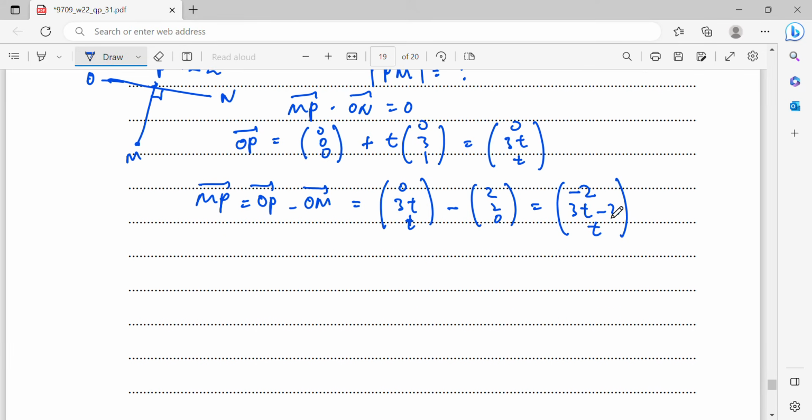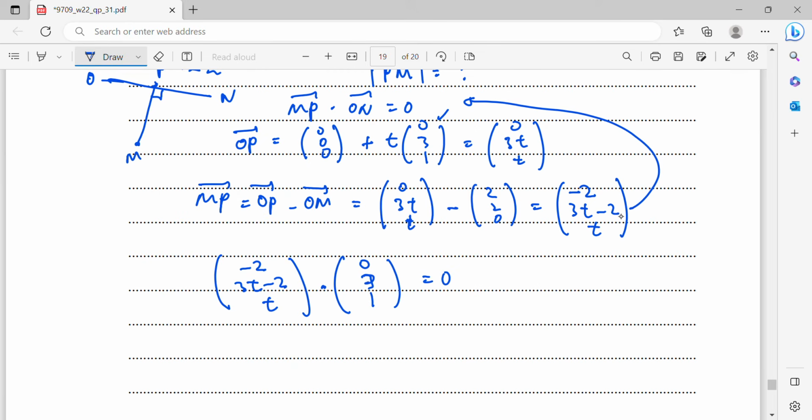Alright, so now substitute this into the formula. So minus 2, 3t minus 2, t dot with ON. My ON is 0, 3, 1. Then equals 0. So now this is the scalar product. So minus 2 times 0 plus 3t minus 2 times 3 plus t times 1 equals 0. So I will get 9t minus 6 plus t equals 0.